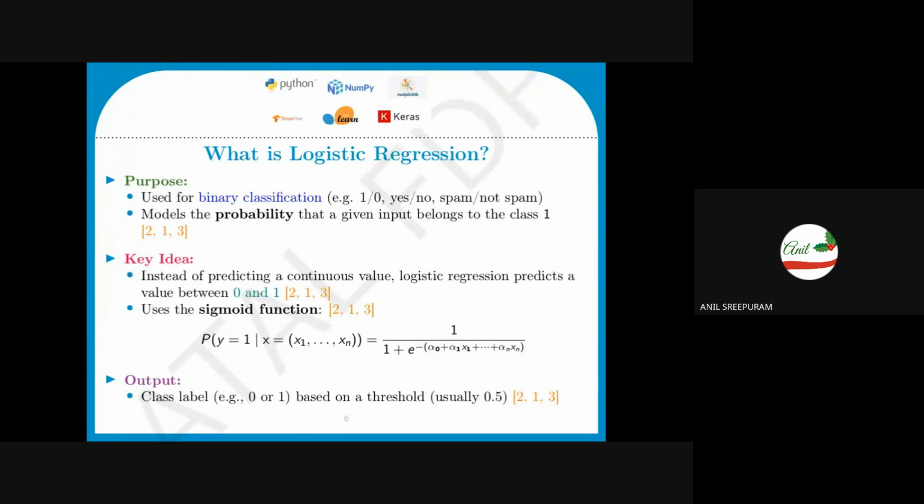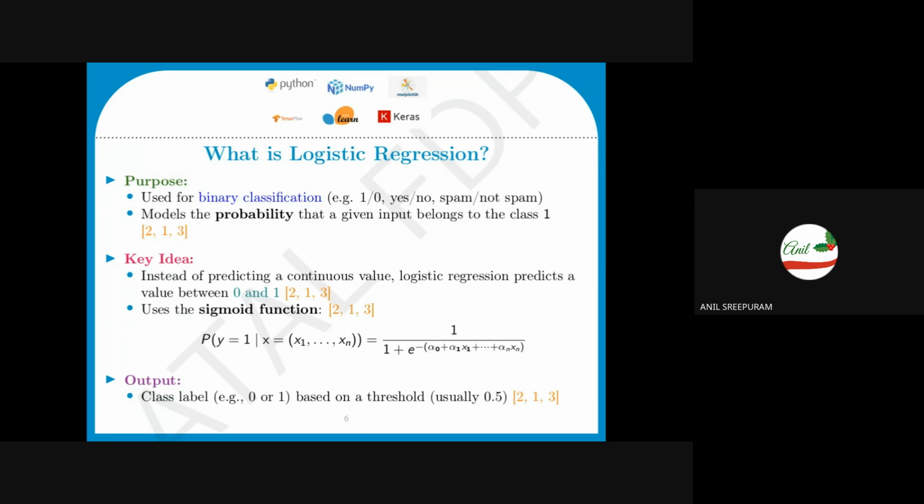Then you may ask, what are alpha 0, alpha 1, alpha 2, etc.? These are the parameters that are to be computed based on your training data. You will be given training data which may have, say, 100 samples, where each sample corresponds to one person's data: the eosinophilia value, ESR value, and uric acid value, along with the exact output, whether the person belongs to the arthritic category or not.